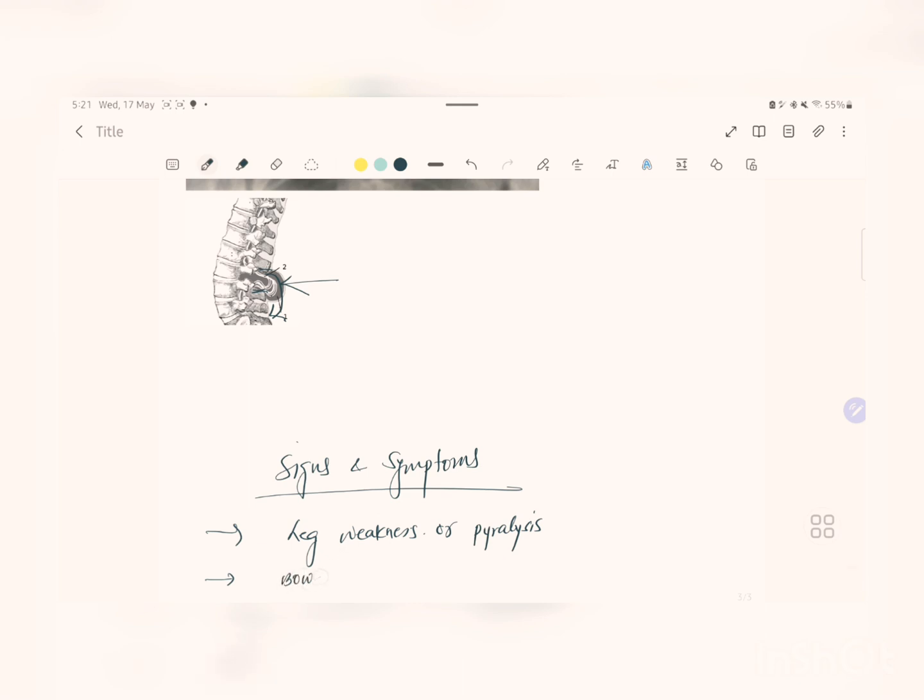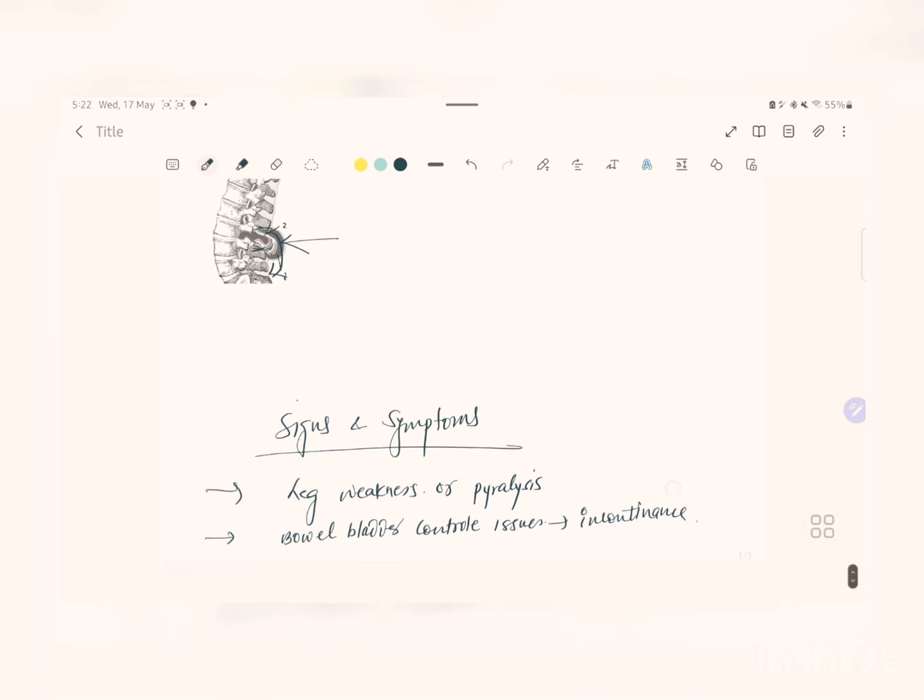Other patients present with bowel and bladder incontinence. The patients have incontinence in the form of dribbling of urine, wetting of the clothes.